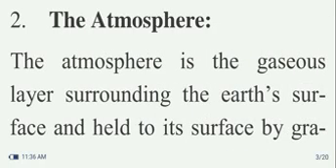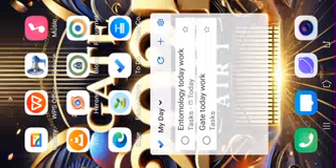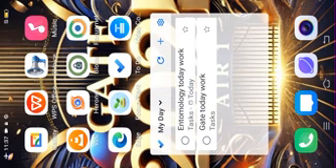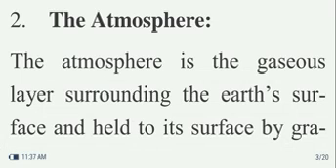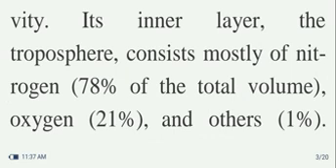Next, the atmosphere. The atmosphere is the gaseous layer surrounding the Earth's surface and held to its surface by gravity. Its inner layer, the troposphere, consists mostly of nitrogen, 78% of total volume, oxygen 21%, and others 1%.